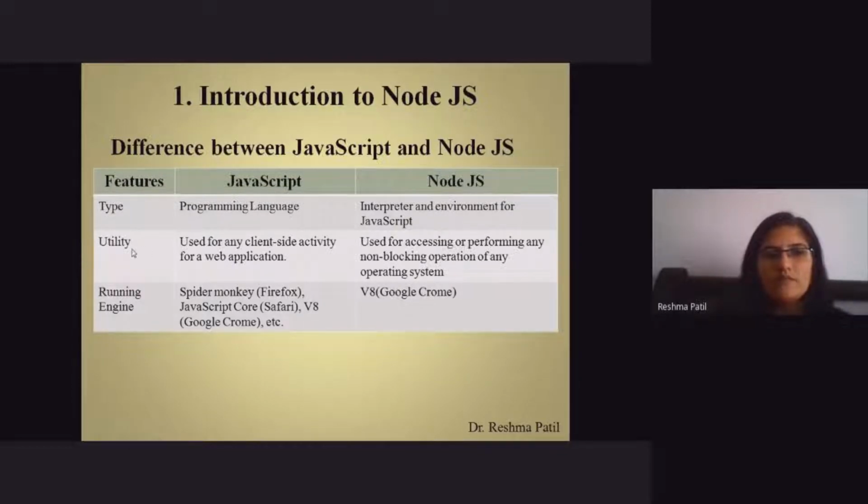Then utility: JavaScript is used for any client-side activity for web applications, while Node.js is used for accessing and performing non-blocking operations of any operating system. As for the running engine for JavaScript, the engines are SpiderMonkey in Firefox, JavaScriptCore in Safari, and V8 in Google Chrome. In Node.js, we are using V8, the Google Chrome engine. So this is the difference between JavaScript and Node.js.